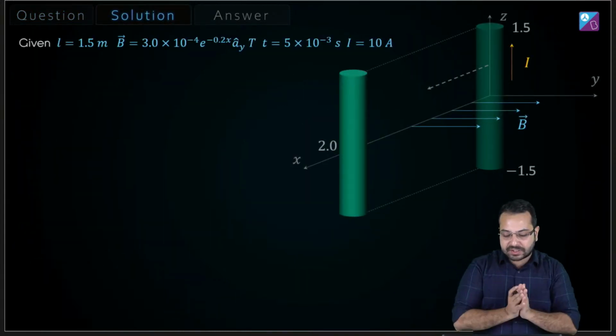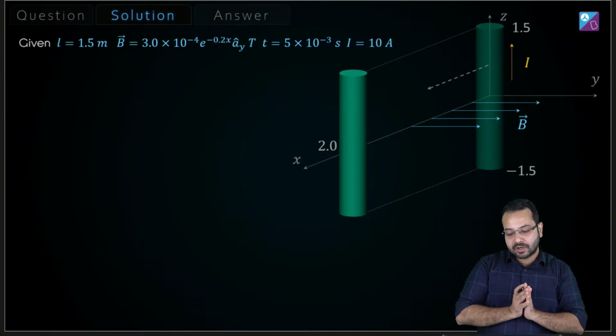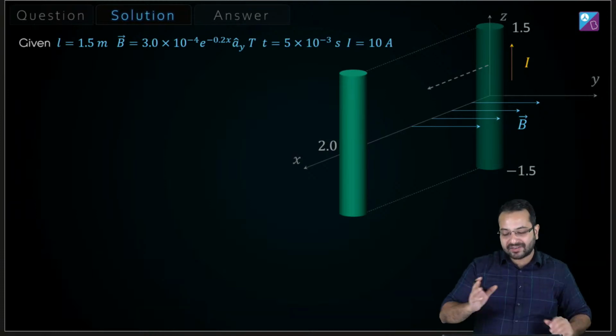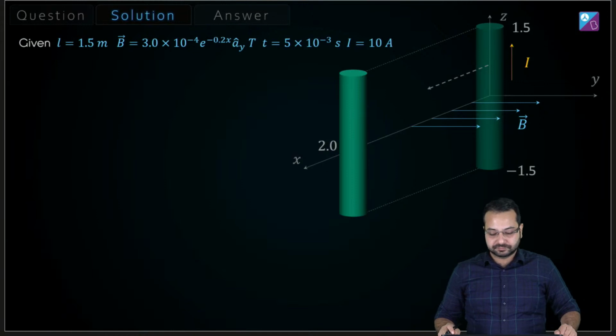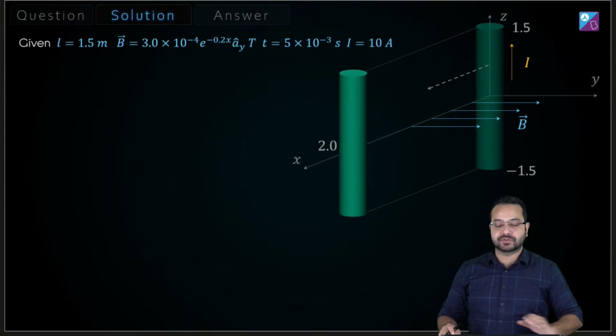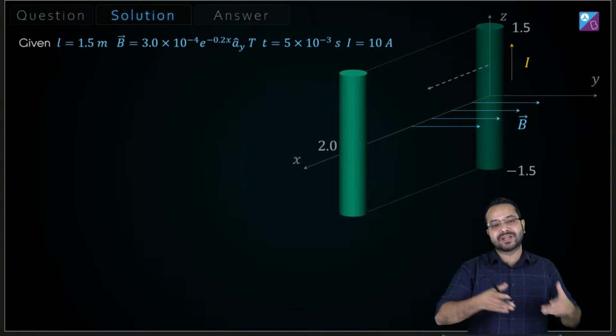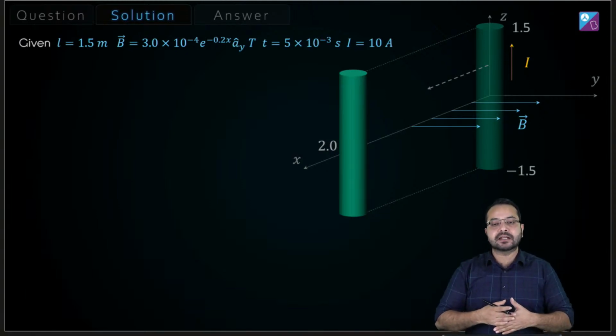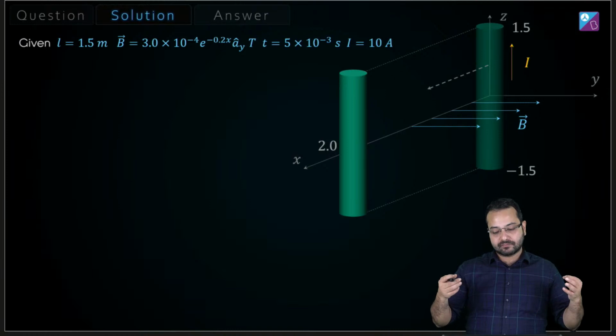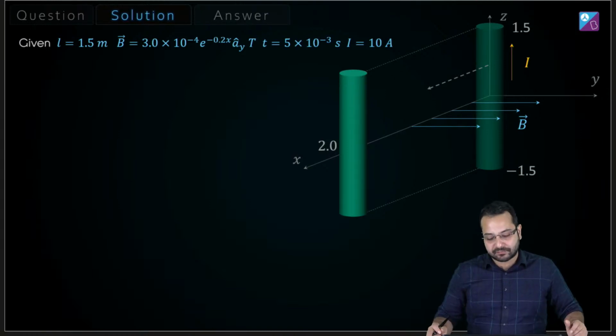The first question I'm going to ask you is, what is going to be the direction of magnetic force? You know the XYZ axis, you can see that in the diagram. Can you tell me what is the direction of the magnetic force?